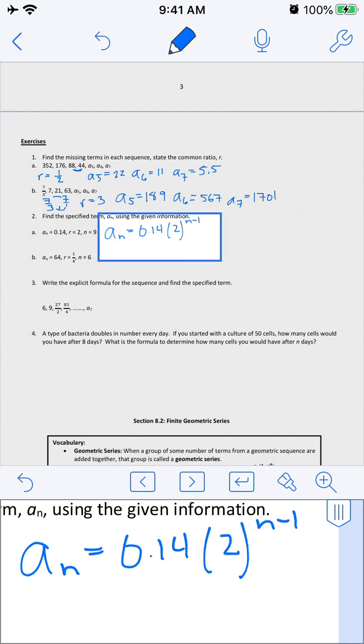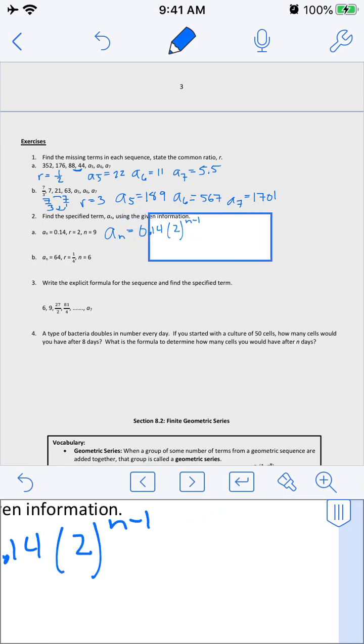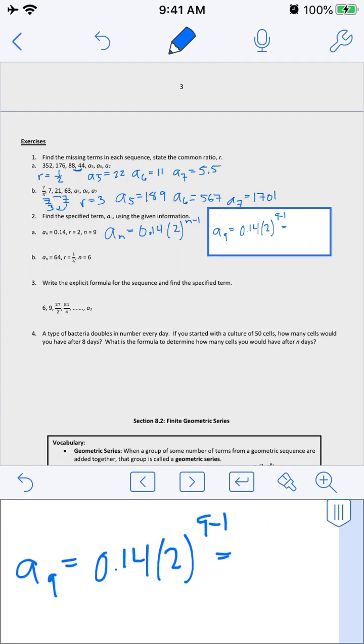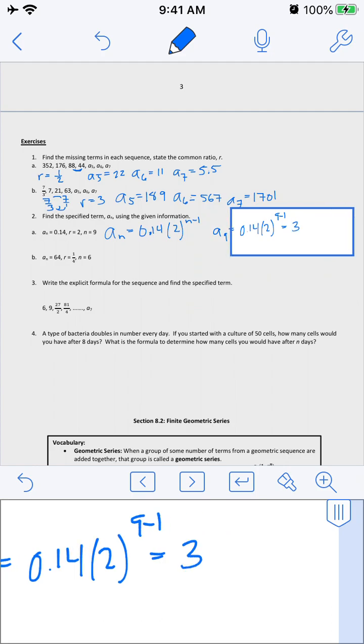Don't forget that n minus 1 part. And now we want to plug in 9. So a9 would be 0.14 times 2 to the 9 minus 1. In other words, 0.14 times 2 to the 8th would be 35.84. That would be our ninth term.